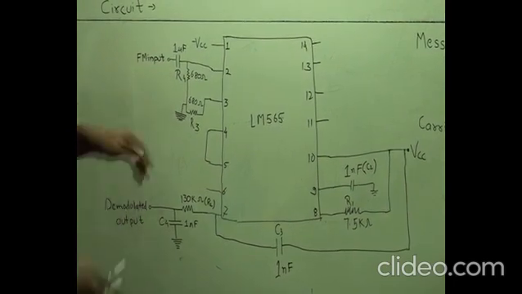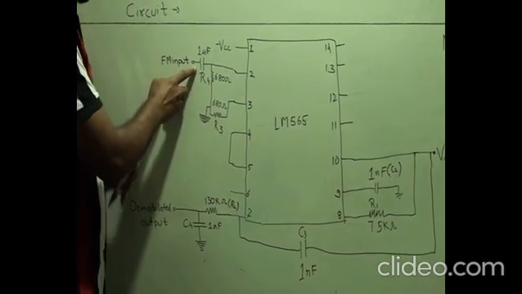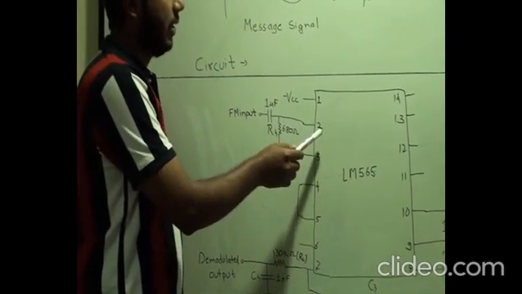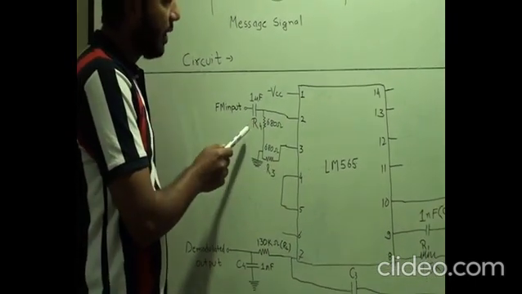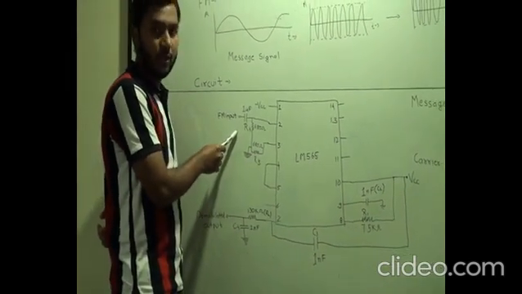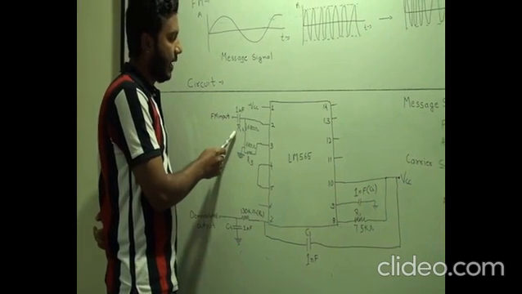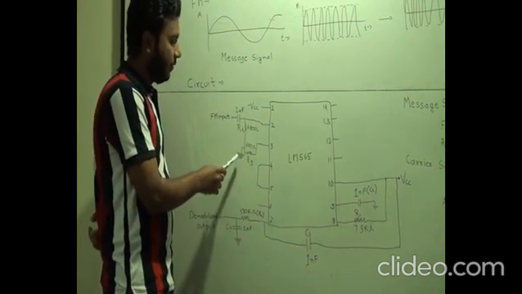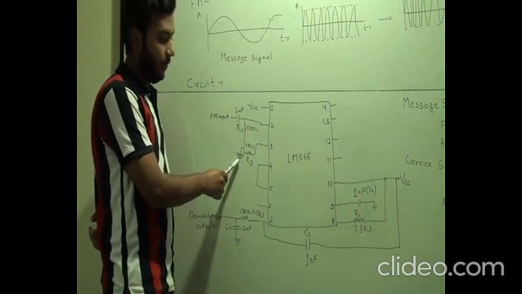Here you can see that we will be using 1 microfarad capacitance, and that will be connected to pin 2. Then on pin 3, these resistances are used for the connection, that is R4 and R3, which have a value of 680 ohms, and we will ground it in between.